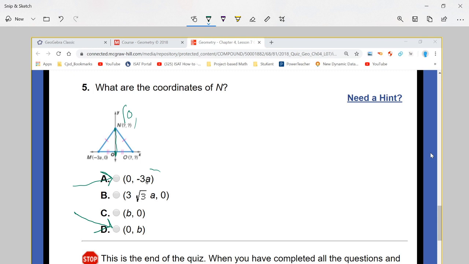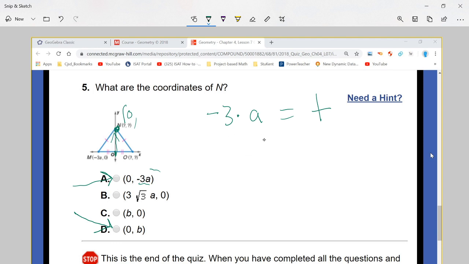Now, we have a distractor, and it's telling me, oh, it could be 3a units up. But wait a minute. That's saying negative 3a. Negative 3 times a would have to be some positive number for n to be up above the x-axis, right?